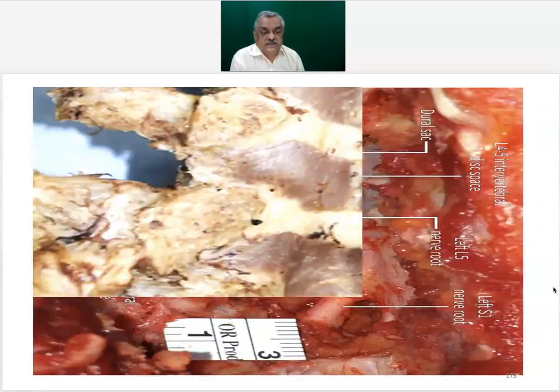Then this is a picture where we are trying to show you the view from the front, the ventral.